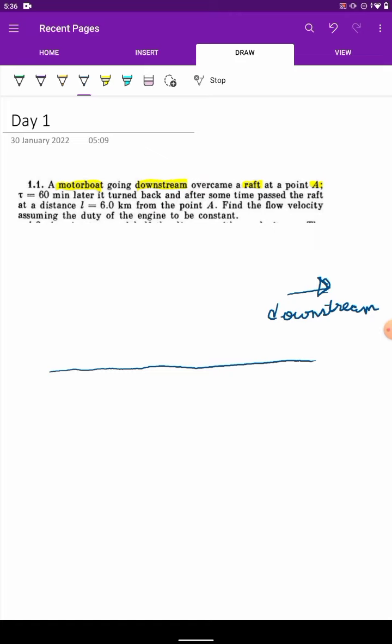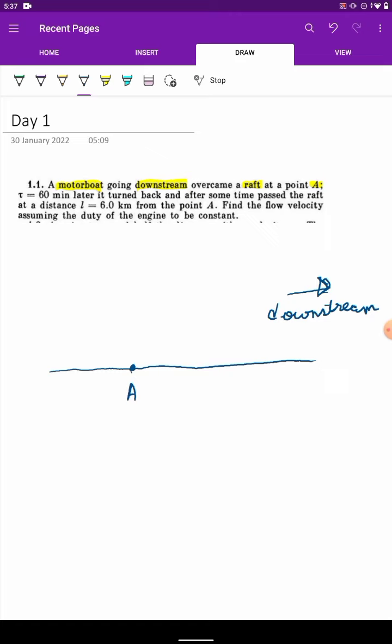So there is this point A, right? This point is of significance. A motorboat is going downstream. We have drawn the stream velocity in this downstream direction, and this point A where the motorboat overcomes a raft. Okay, so 60 minutes later it turned back.